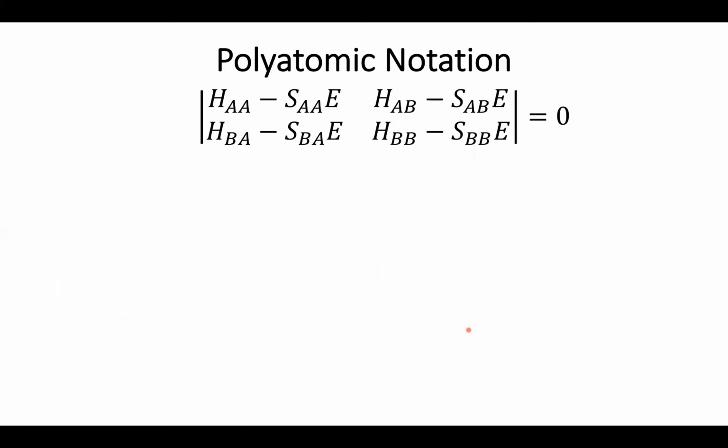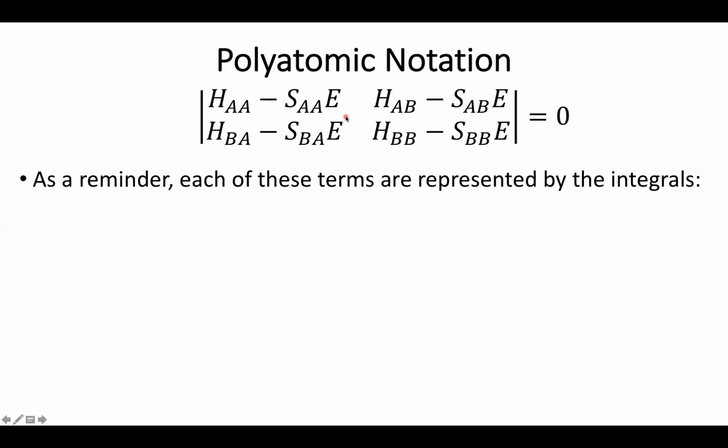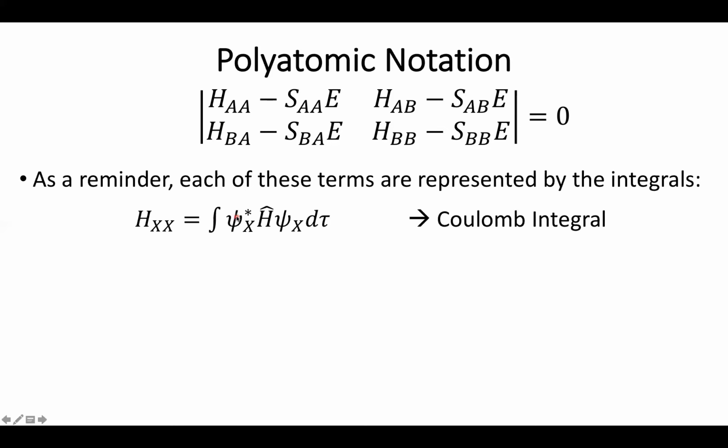Now, let's go ahead and dive a little bit more into the notation and what each of these three major expressions are telling me. Each of these various symbols is representing an integral. So the first and foremost is Hxx, whether it's AA, BB, whatever the term is, representing my Coulomb integral.